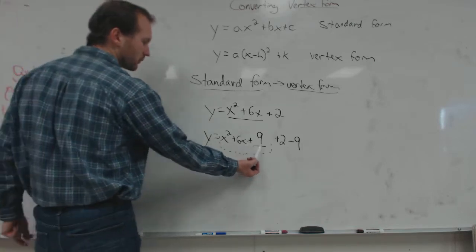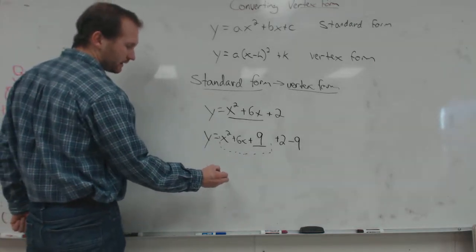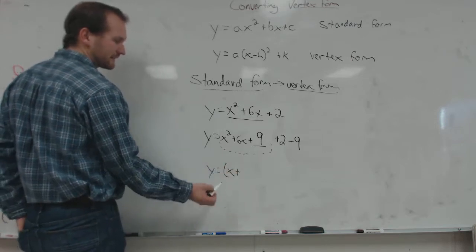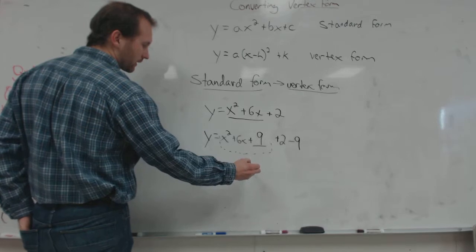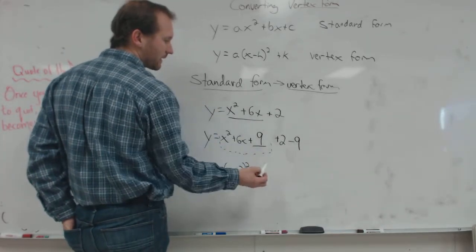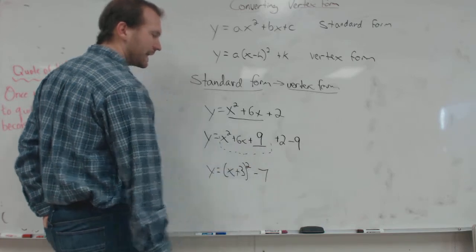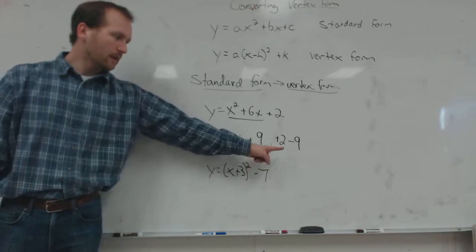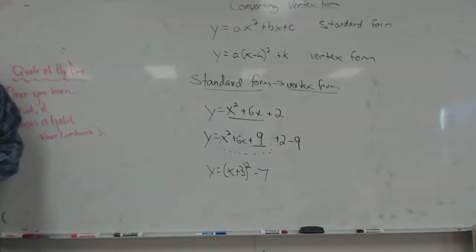So I'm just looking at this part of it. If I factor that, I now am going to get x plus what? Plus 3 squared. And then I just have these two numbers off to the side that I combine to make my k term. In this case, minus 7. And that becomes vertex form that way.